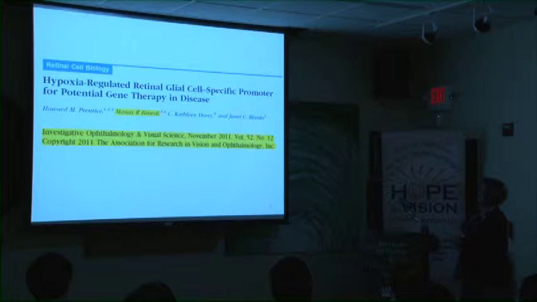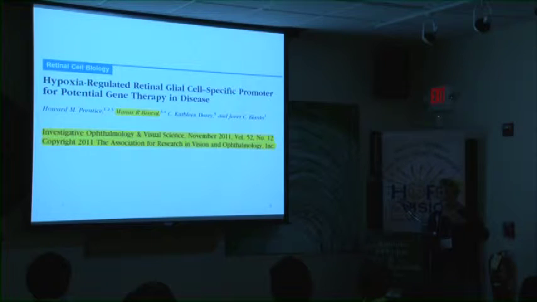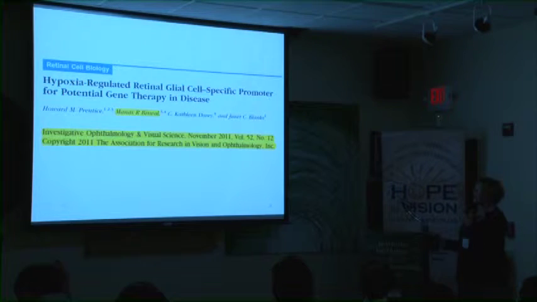And our paper that we have on this project was first published, and what it showed is that we could take this vector and we could get the vector into Mueller cells, and we could then put the Mueller cells in a normoxic condition and a hypoxia condition and show that we could turn on the vector and have GFP, the reporter gene, produced.